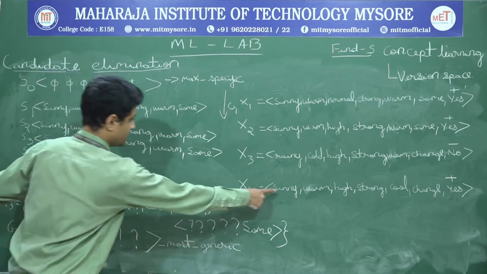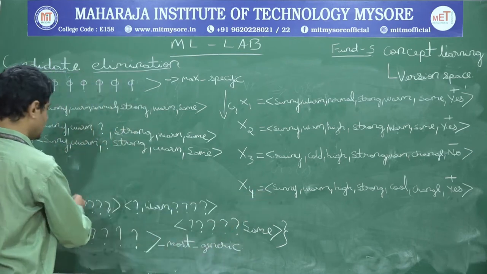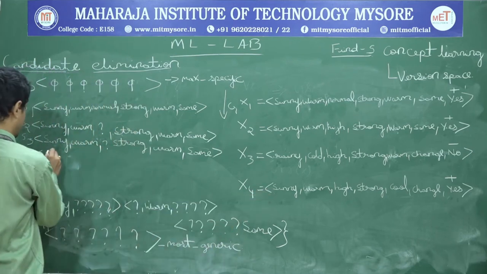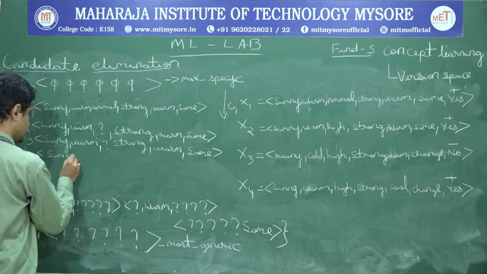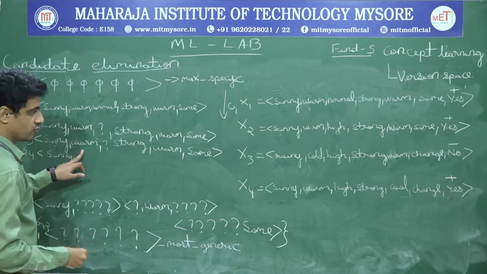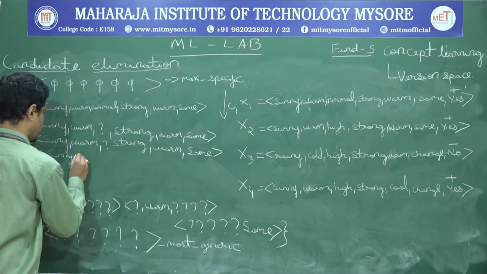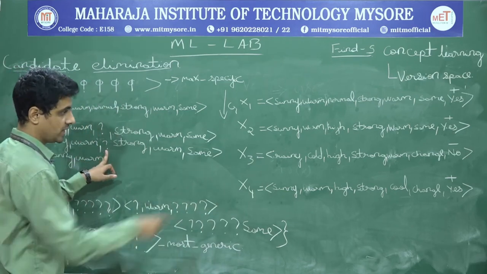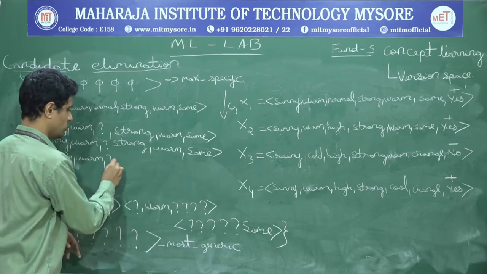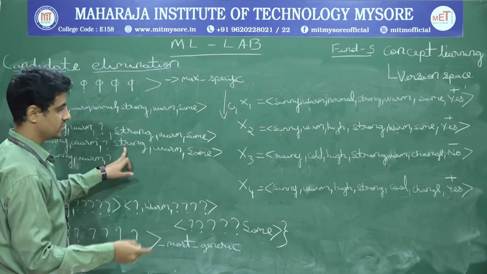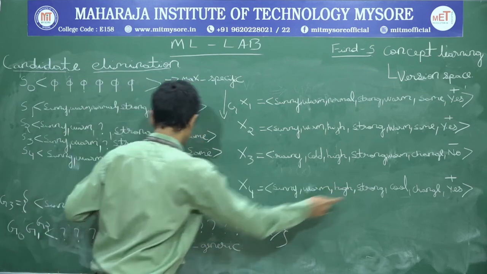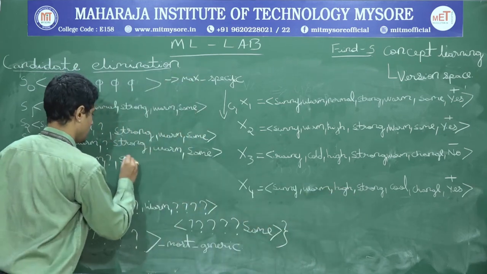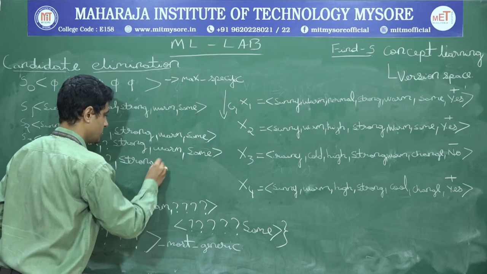Compare with sunny, same. So when it is same, what is supposed to be done? Write it directly. So sunny, second is warm, so write it down, warm. Next we have question mark, high. Question mark is more generalized than high, so write it as it is. Strong, write it as it is.